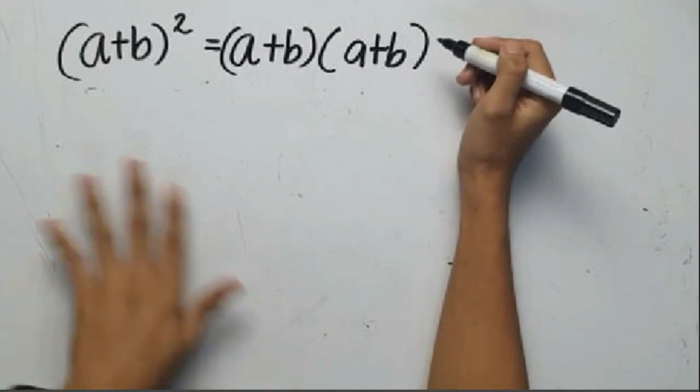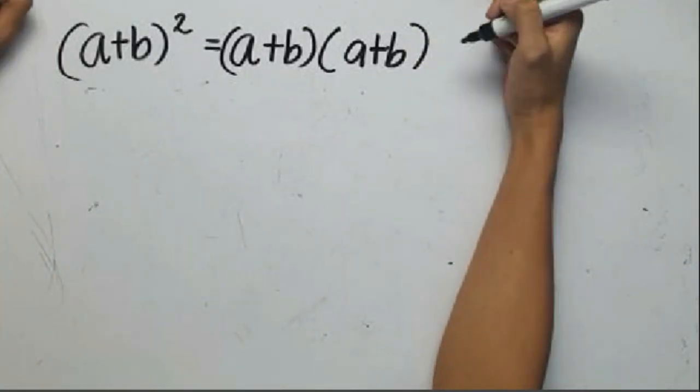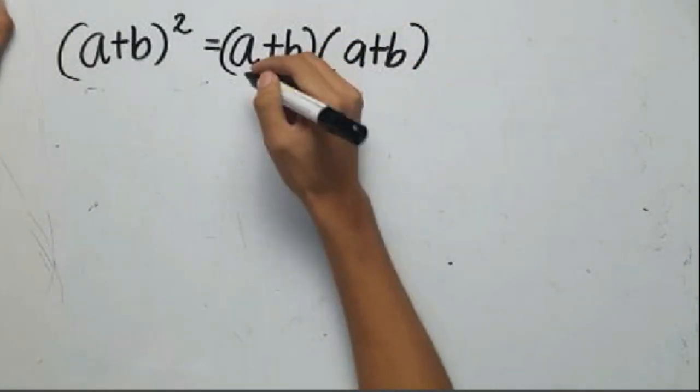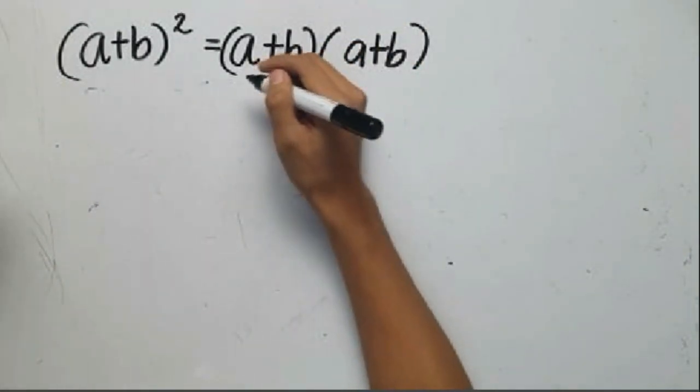Ayan. So, gawin muna natin yung long method bago tayo mag-come up dun sa mga shortcuts, no? Ang ibig sabihin lang daw nito, using the FOIL method, na alam niyo ba yung FOIL method?